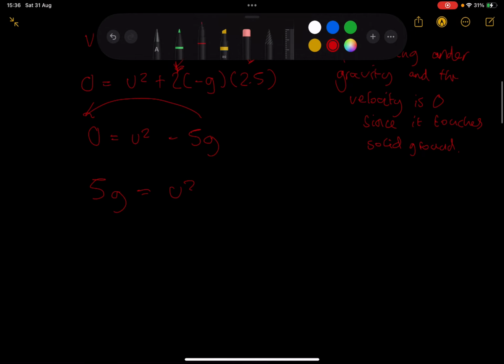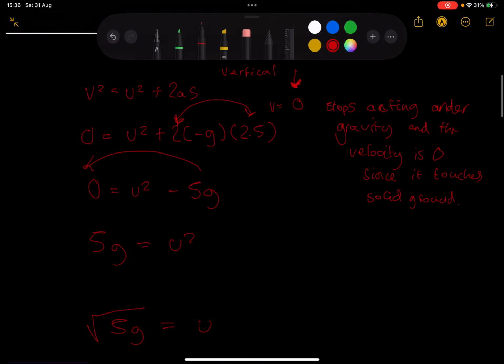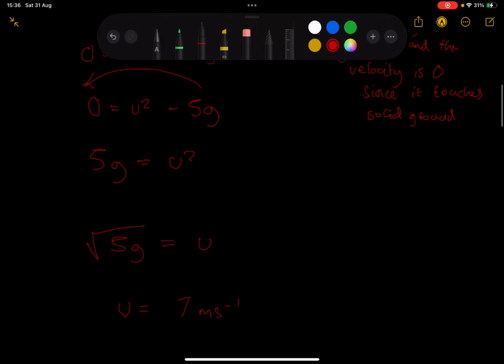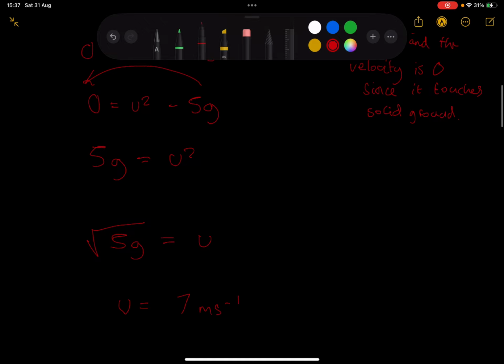Then we square root both sides to get u on its own. And u equals 7 meters per second. Now this is important, so keep this value noted, because this will help us find the speed.